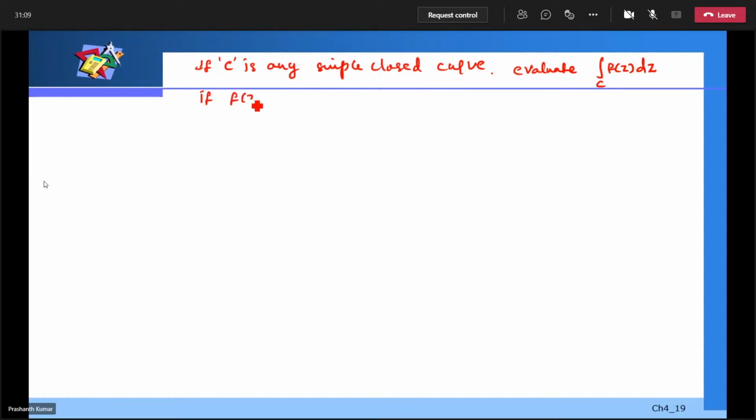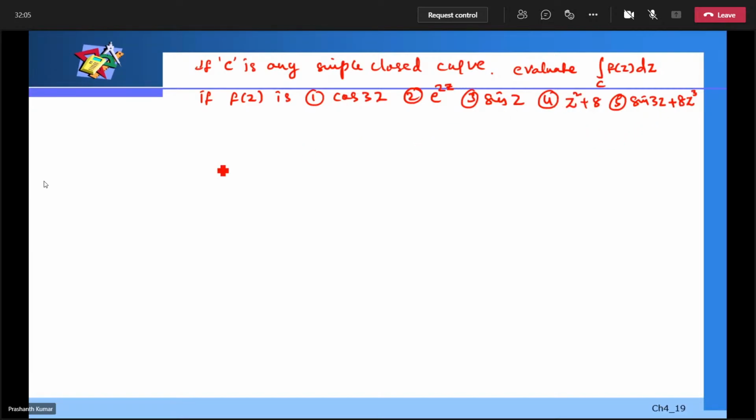If f of z is number 1, cos 3z; number 2, e to the power of 2z; number 3, sin z; number 4, z square plus 8; number 5, sin 3z plus 8z cube.